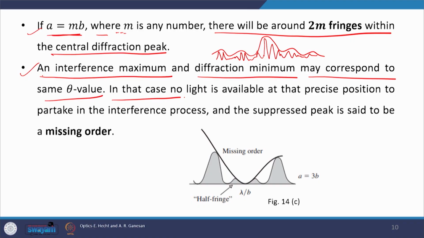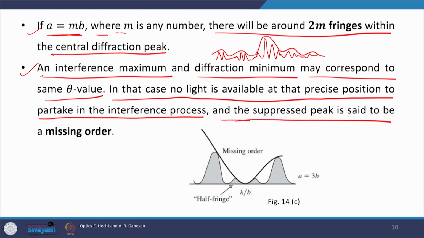In that case, no light is available at that precise position to partake in the interference process. Since there is a diffraction minimum, there will not be any light to interfere, and the interference peak would be suppressed, absent from there. The suppressed peak is said to be a missing order.